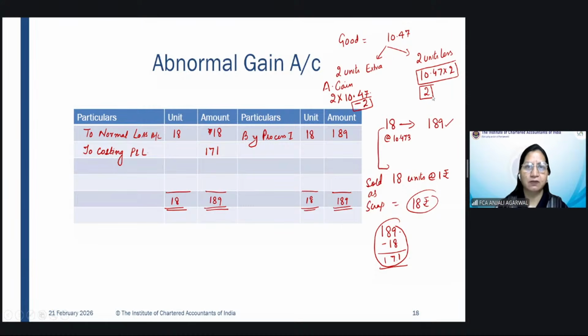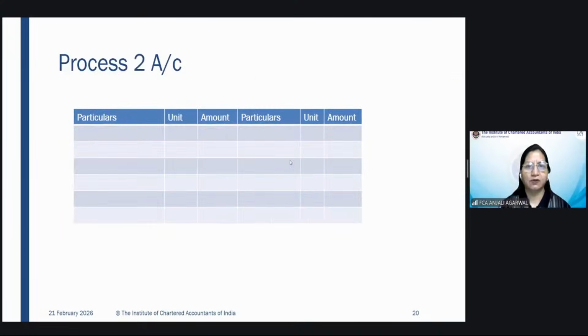Is the concept clear thoroughly? We have to consider opportunity cost. Yes, opportunity cost in the sense that if there is abnormal gain, if it had not been there, you would have otherwise had the scrap units to sell. So you could have got 2 from there also, which you are not getting. Therefore, your true profit, or abnormal profit, is 171 here.